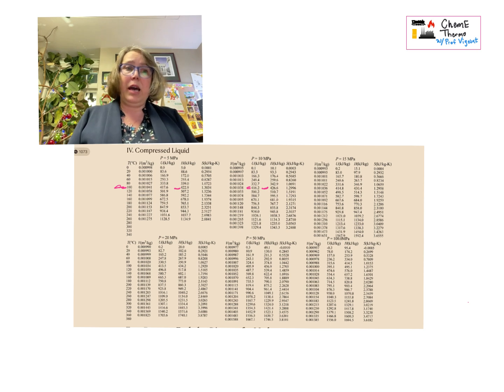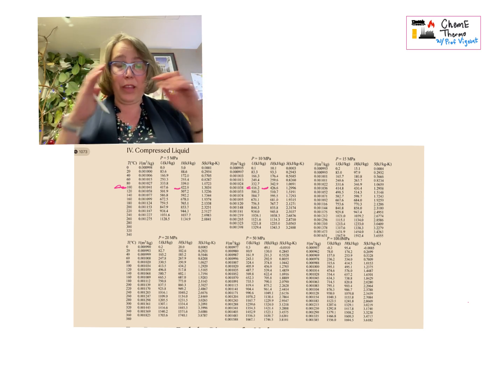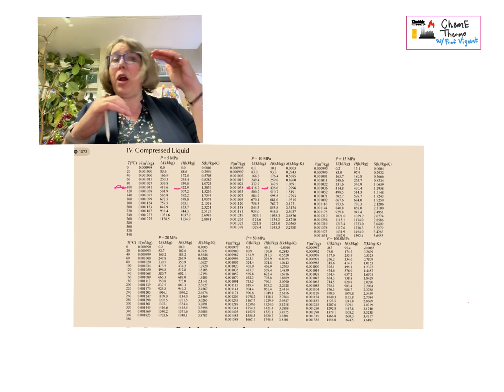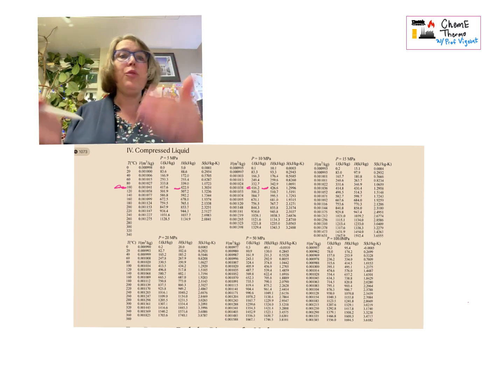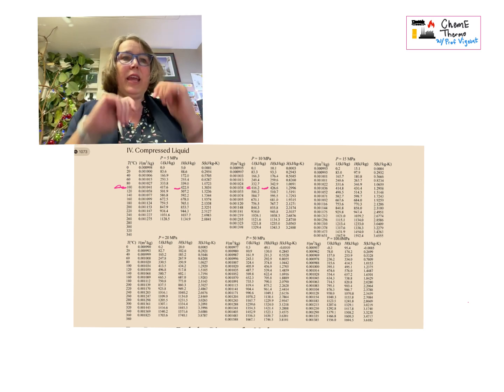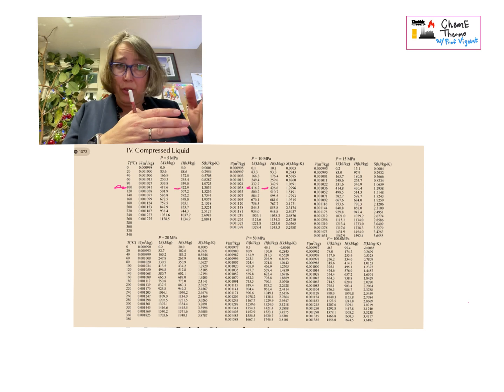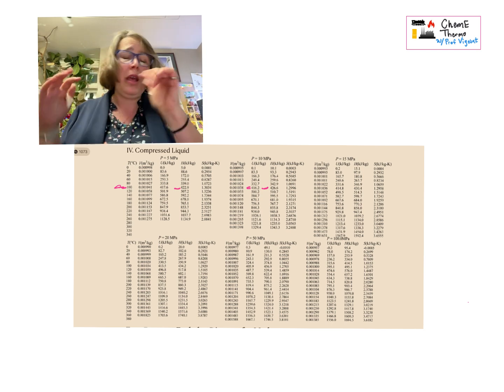So, quite a lot of the time when we are working with what we call compressed liquid, you are fine, unless the pressure is very high, using the volume, the internal energy, the enthalpy, or the entropy value from the saturated table just for the liquid part. You can get away with that.